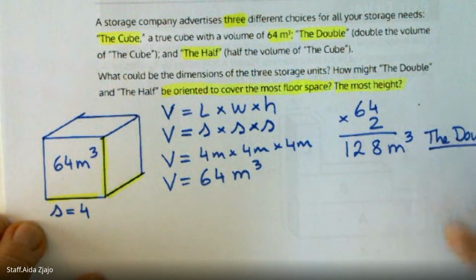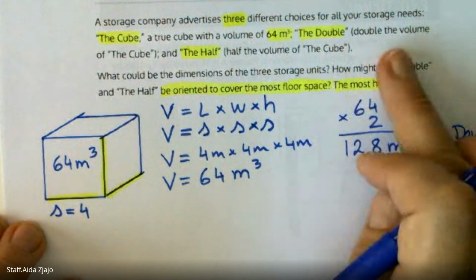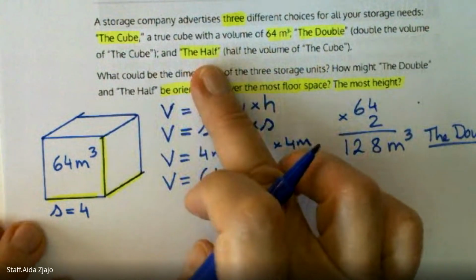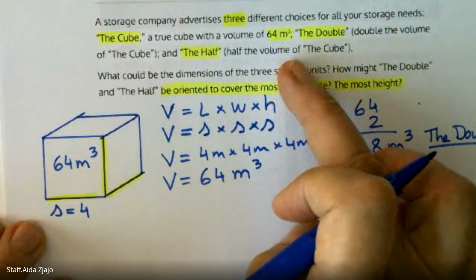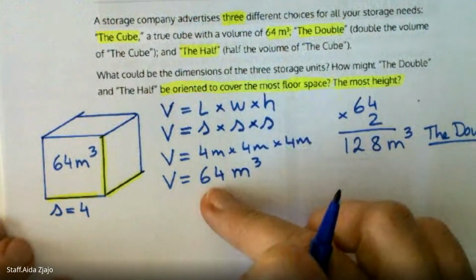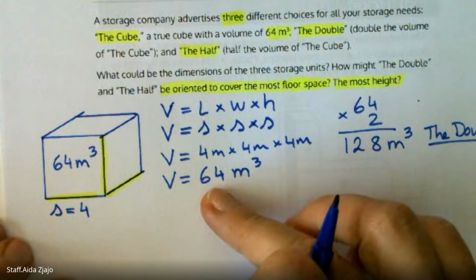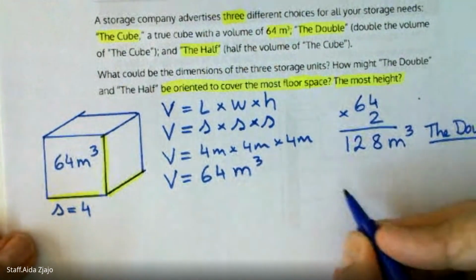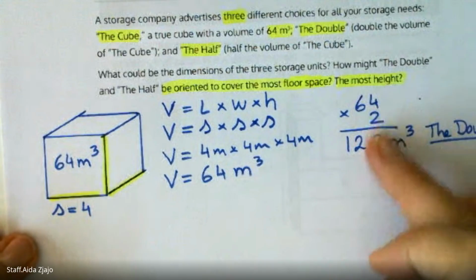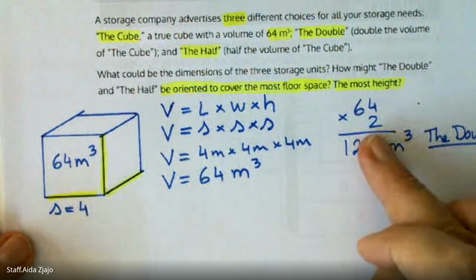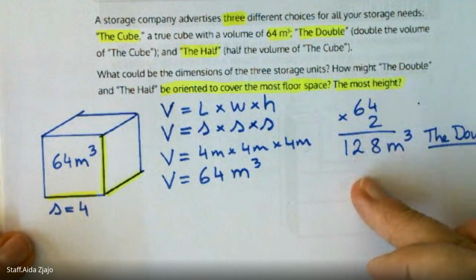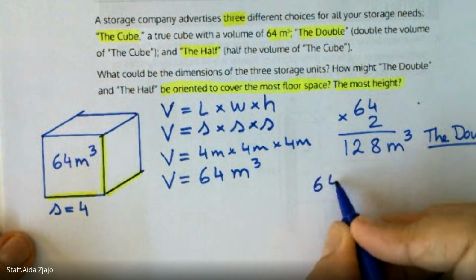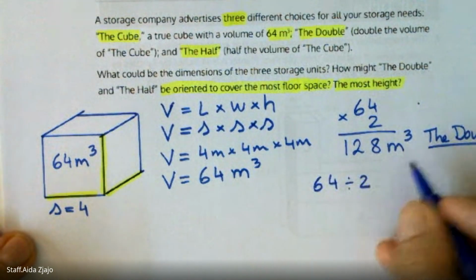That's the double box. Okay. They also offer half of the volume. So however you multiply to get double, you divide by 2 to get half of it. So 64 divided by 2.